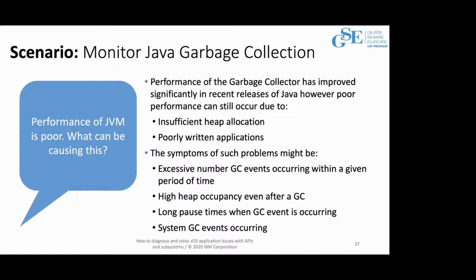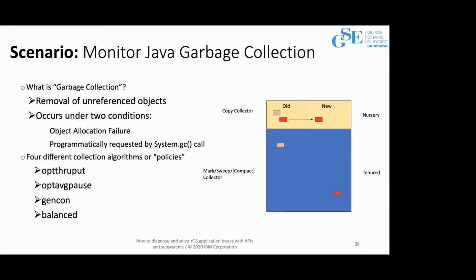And of course, if a system GC event is occurring, i.e. your application is written to do frequent system GCs, that can also impact the number of garbage collections occurring in your JVM. So monitoring garbage collection is key for good performance and management of your application.